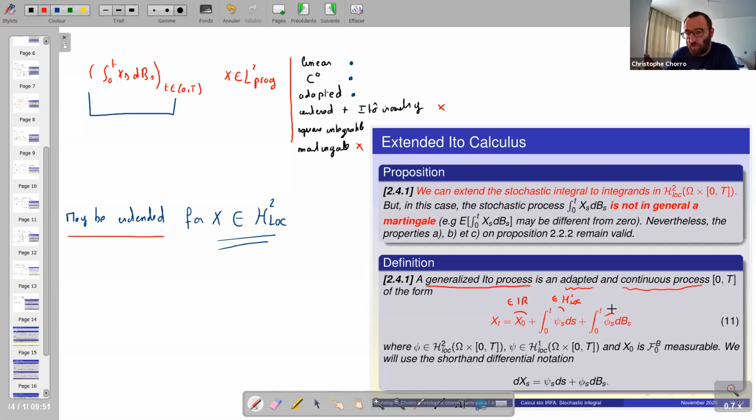And for the stochastic integral, the minimal hypothesis is to fulfill this condition here, that is belongs to H2 loc. I define this way a generalized Ito process through the generalization of my stochastic integral to the case of H2 loc. And once again, I will use exactly the same differential notation to say that this process has this Ito decomposition.